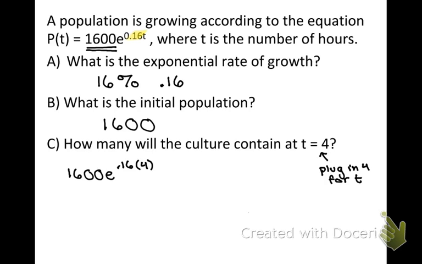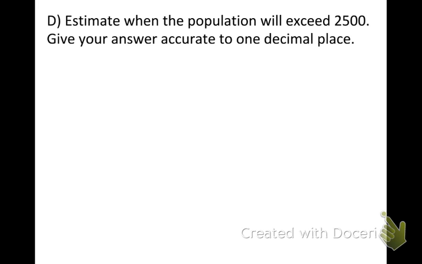And we get 3,034.36947. And we're going to round that to approximately 3,034. Just pay attention to directions in a particular problem to see how you need to round your answer. Now, the last part to this question wants to know when the population will exceed 2,500. And it tells us to give our answer to 1 decimal place this time.